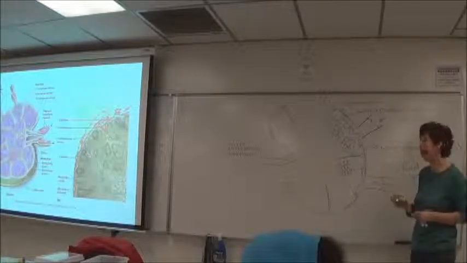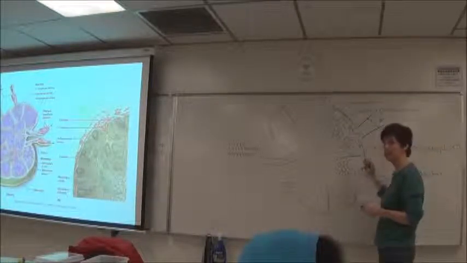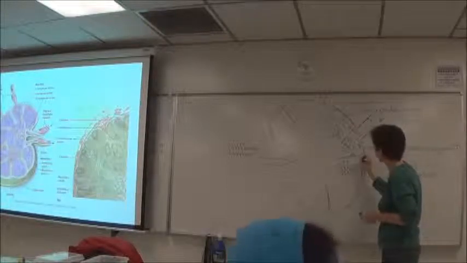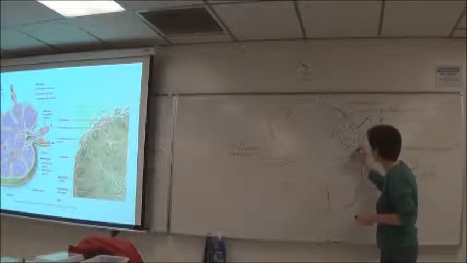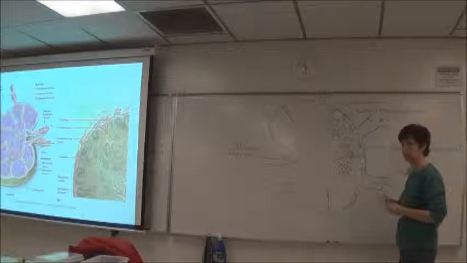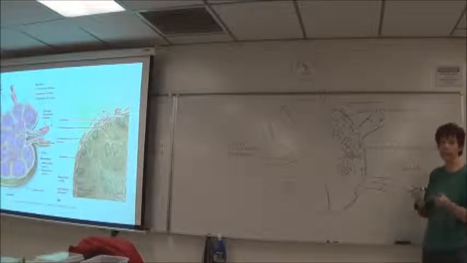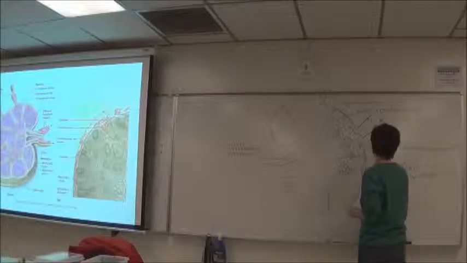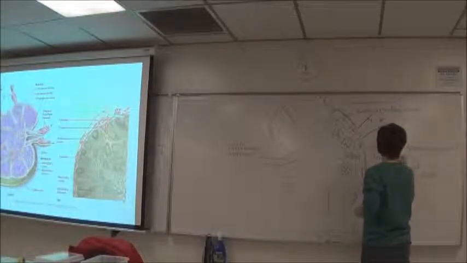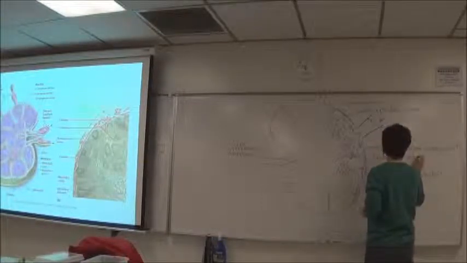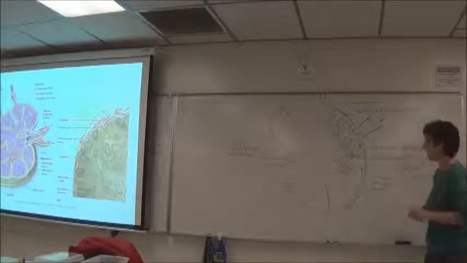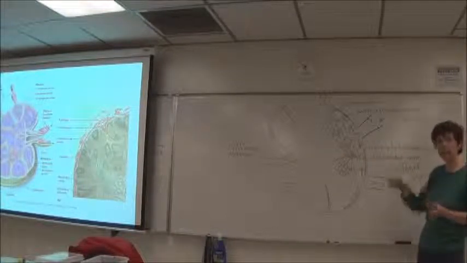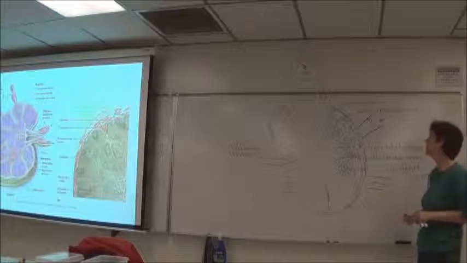Another option it has, if it's within the subcapsular sinus, is to flow down on either side of the trabeculae. That's identified as a trabecular sinus. As it flows through these channels, it's going to meet some lymphocytes.